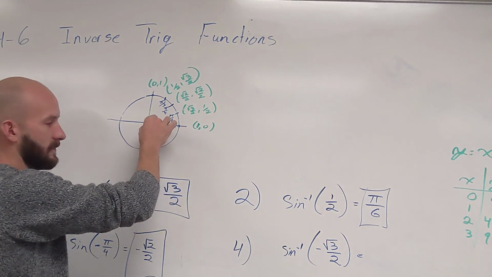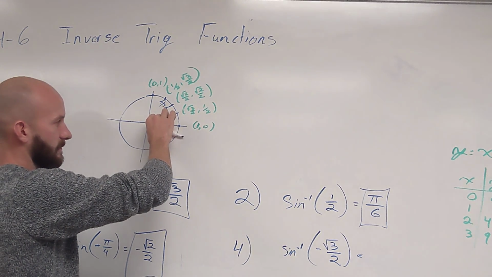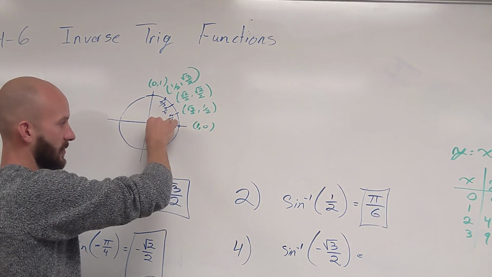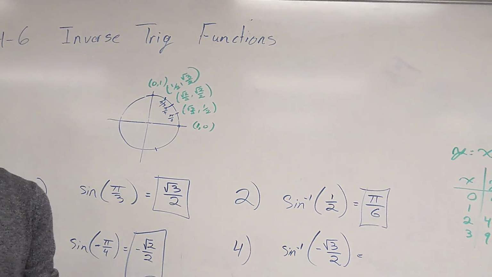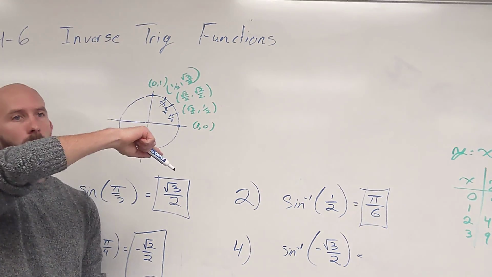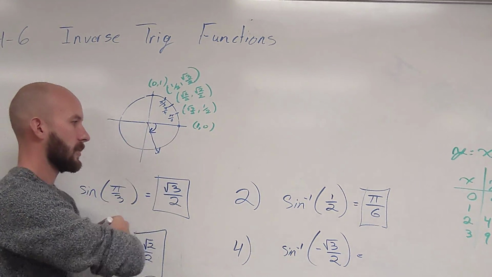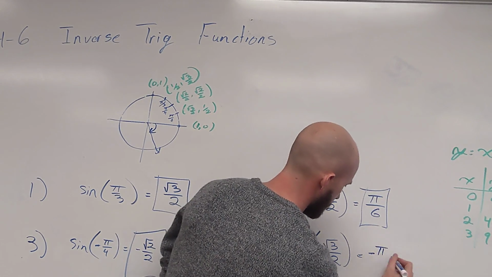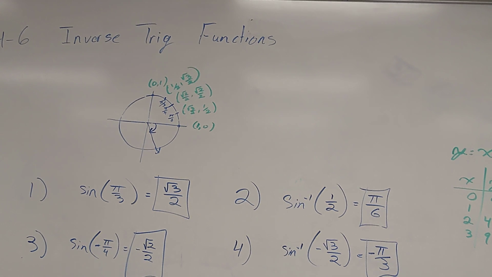It would be closest to, closer to the x-axis or closer to the y-axis? The y-axis. Okay. It'd be here, right? For that y value to be negative square root of 3 over 2. Now, I'm just going to tell you, for what we're going to be doing coming up, which I'll explain more in just a minute, instead of going all the way around, use the negative angle. So we're going to basically be looking at this, which is going to be negative pi over 3. Okay? One, it's a little bit easier that way, but we'll also talk about that in just a second.